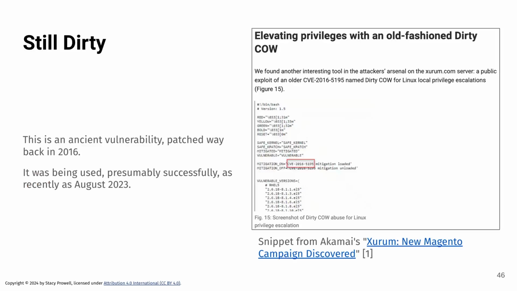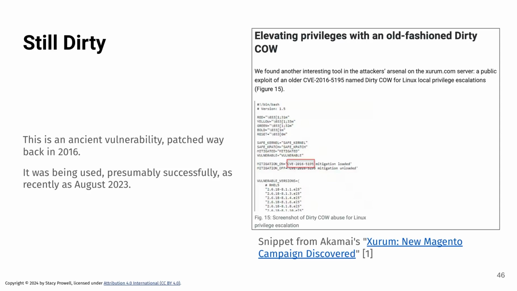Now, why go through this? This was from 2016. Geez, Stacy, that's an old one. Well, it's being used. It's still being used. So the point is to illustrate something about vulnerabilities. So over on the right, we see a snippet from Akamai's paper on a new Magneto campaign, people who are attacking point-of-sale terminals.